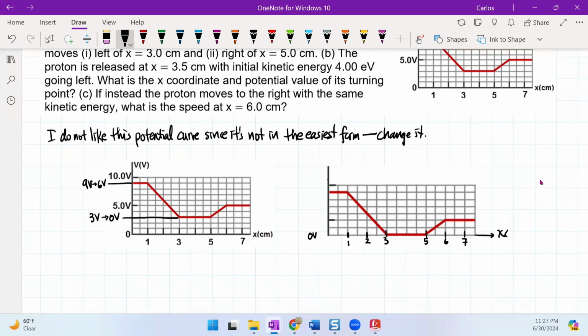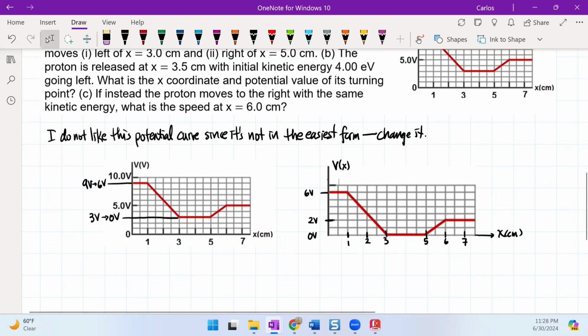And this is in units of centimeters. If I look at this guy right here, this is going to be 2 volts, and then this guy is going to be 6 volts. So now that is my potential function. And this makes me much happier because my reference should be where the ground is at.